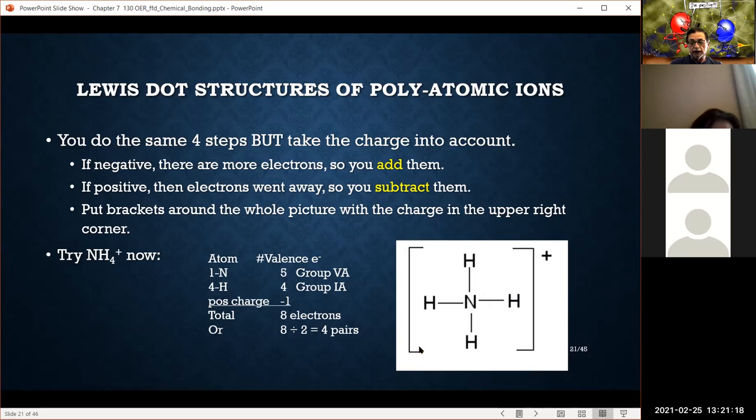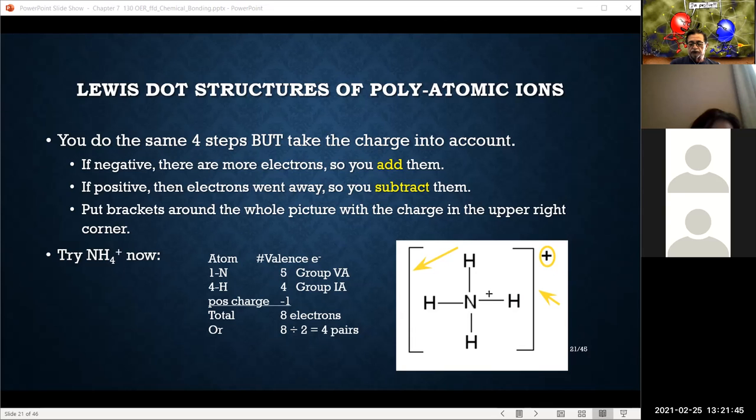Notice I said bracket, not a parenthesis, around the whole molecule, and then the charge on the top right corner. Okay, this is right here, the charge in the top right corner. All right, and then the brackets right there. There's one there, and that signifies it to be a polyatomic ion.